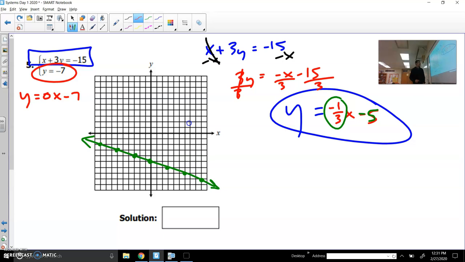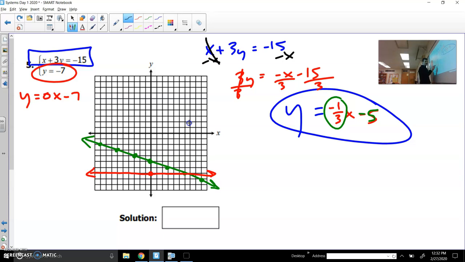So I have negative 7 for the y-intercept, but there's a slope of 0, and basically every y value has negative 7 for it. So every one of these points, that's (0, -7), or (10, -7), or (-10, -7). Basically, we have forced every point in that line to have a y value of negative 7.